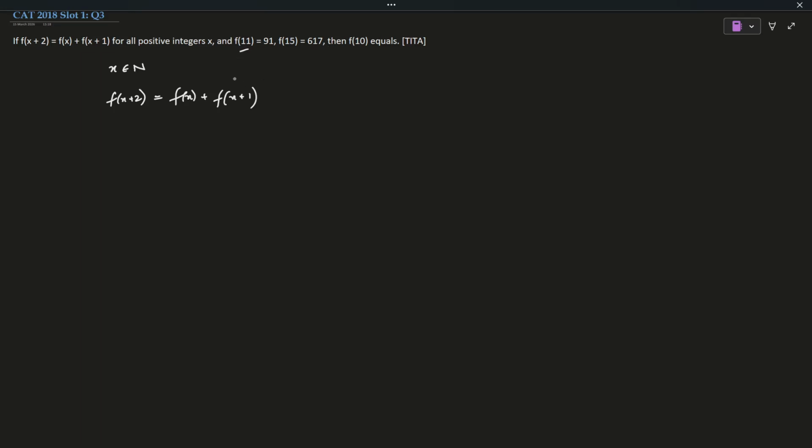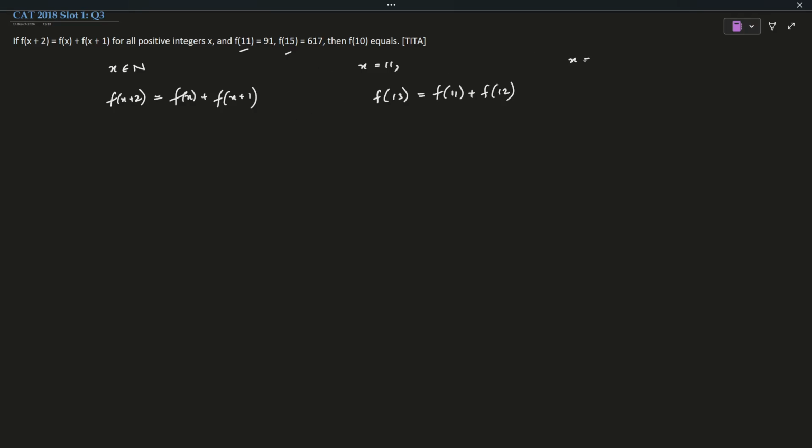We are given f of 11. So let's say x equals 11. If x equals 11, what will I get? f of 13 is equal to f of 11 plus f of 12. f of 15 is also there.